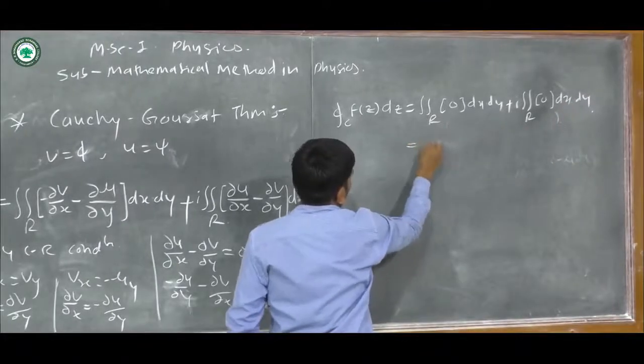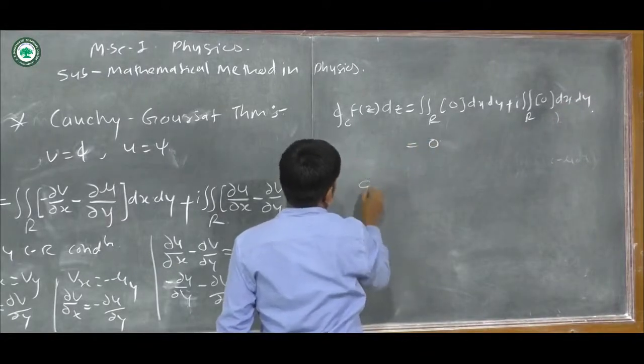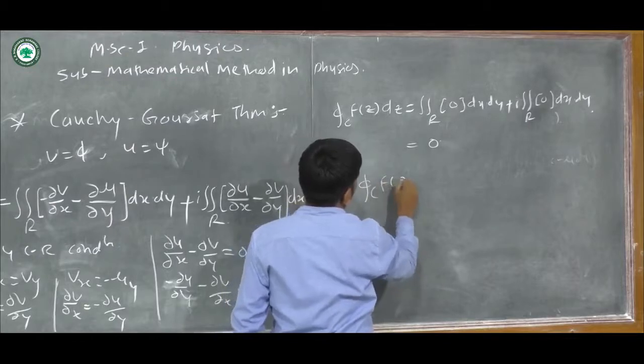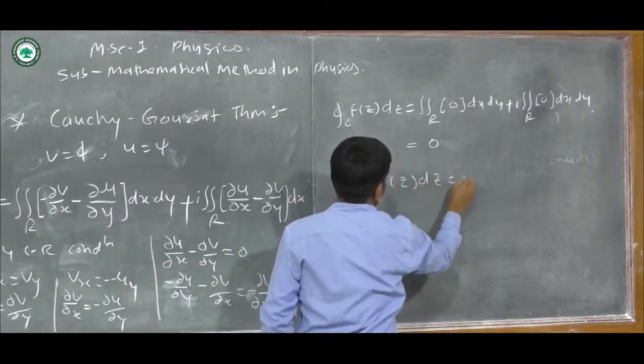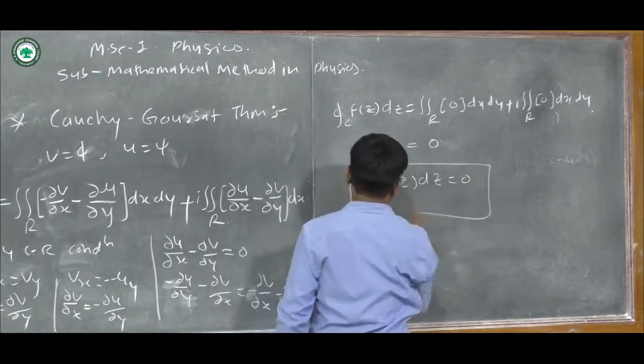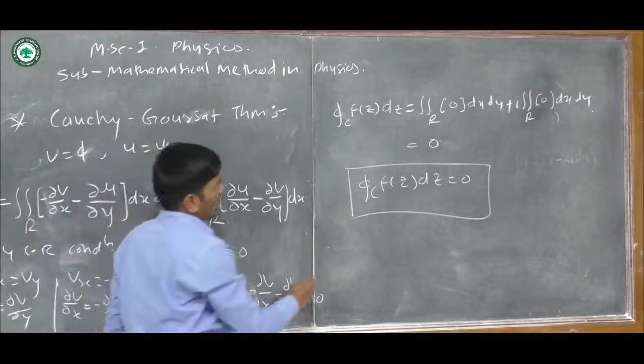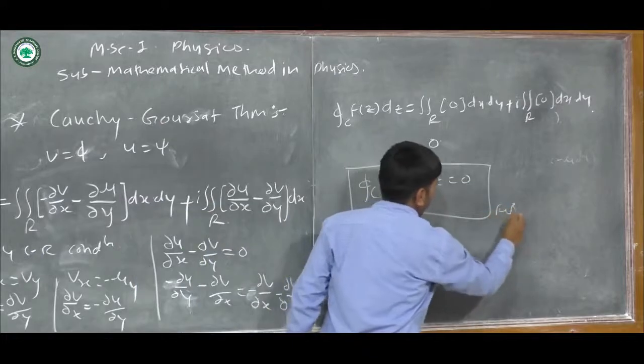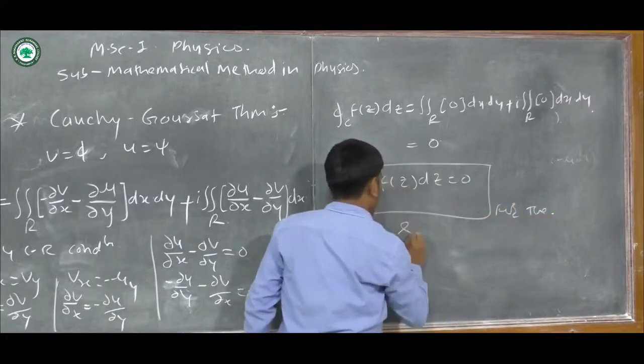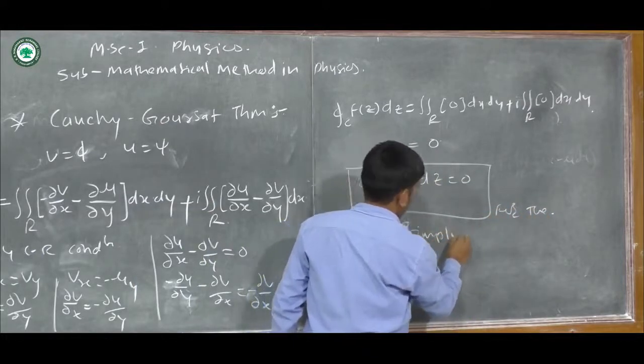So this is equal to 0, and we can write closed integral f(z) dz is equal to 0. That theorem is for the simply connected region.